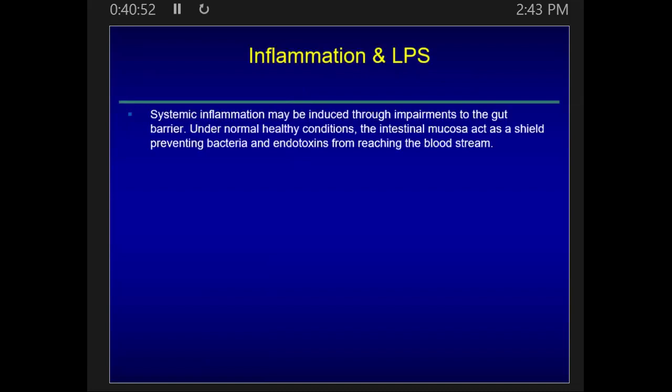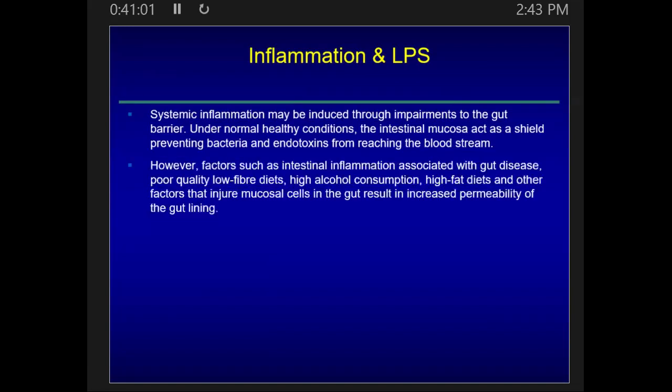So, inflammation and the lipopolysaccharide. Lots of studies are being done looking at how it can be a systemic issue. It doesn't just stay in the gut, and it's not just about obesity but also cardiovascular disease. Intestinal inflammation, low fiber diet, high alcohol consumption, high fat: all of this can contribute to leaky gut syndrome.